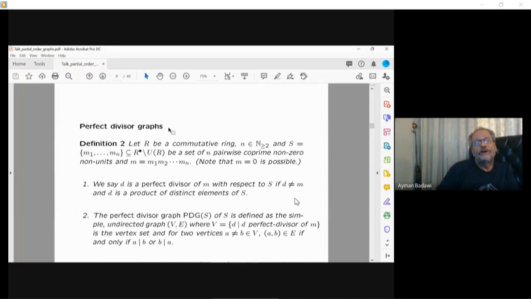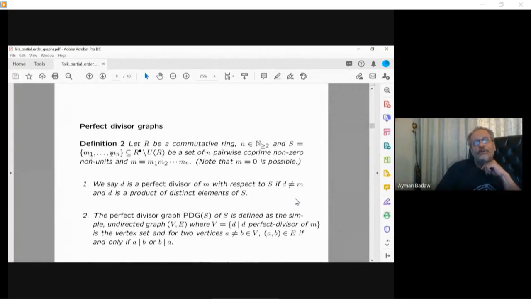Well, the first implication is what we call the perfect divisor graph. What is the perfect divisor graph? You need to read it carefully. Of course, the ring is commutative, and you choose n bigger or equal to 2, and you set your set S to be of these elements, M1 through Mn.